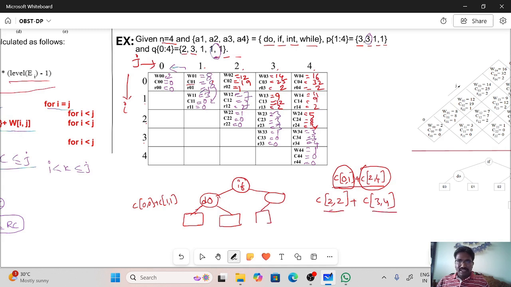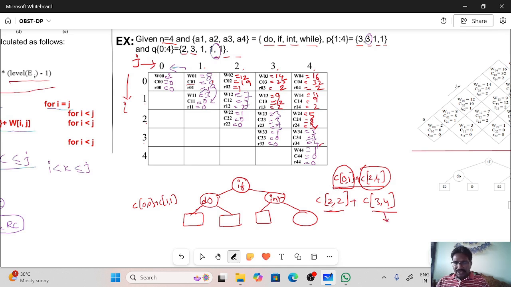What about my left side? The left side is unsuccessful, C of 2, 2. Now come to the right side. R24 is 3. What is our third element? Int. Now go for the C of 3, 4. What is my rank value? 4. So what does that mean?